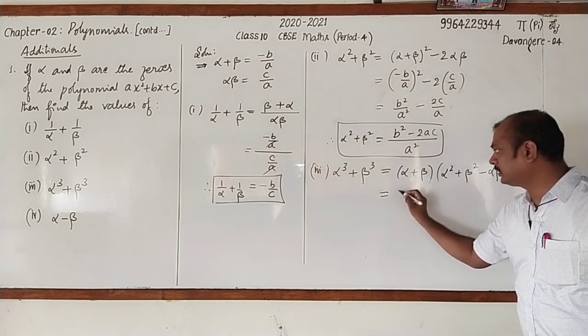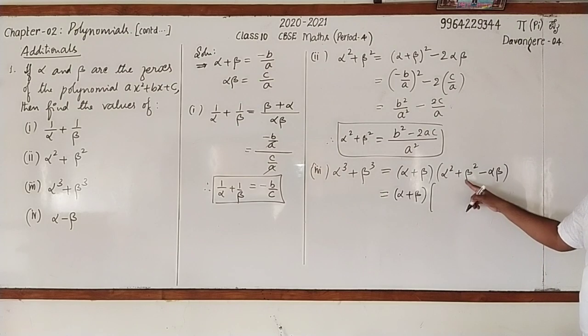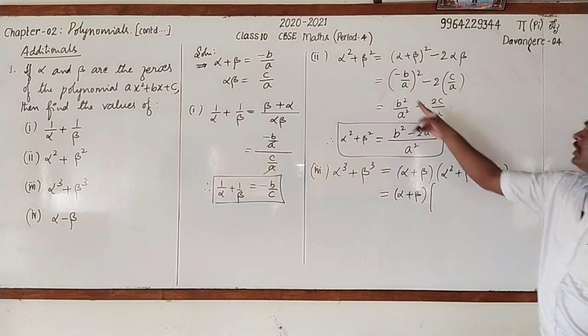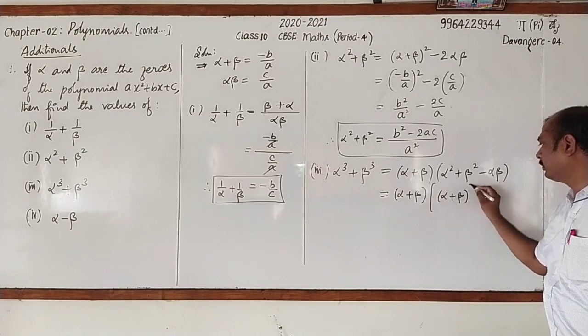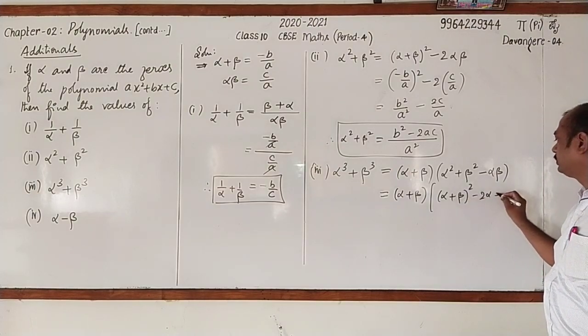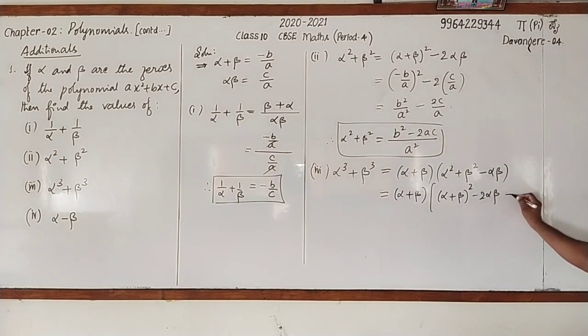How? I'll tell you that. Alpha plus beta, keep that as it is. We all know how to write alpha square plus beta square. It is nothing but alpha plus beta whole square minus 2 alpha beta. Clear? Next, minus alpha beta.